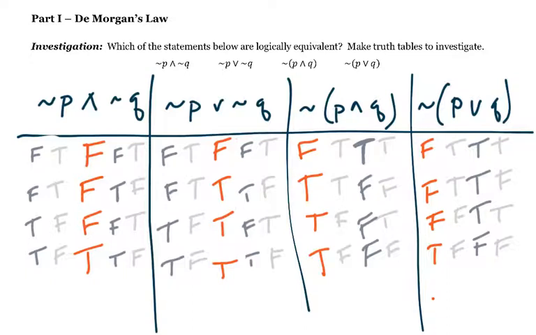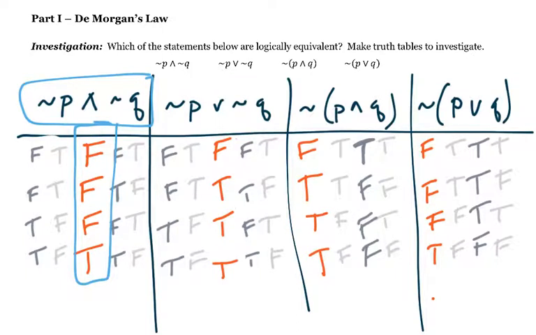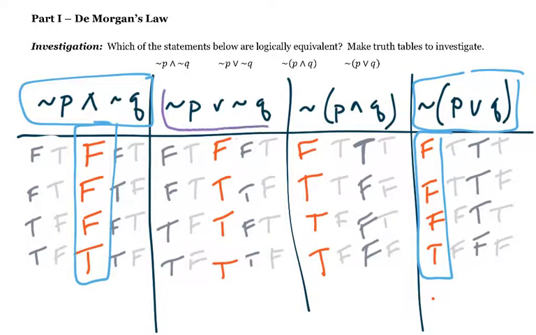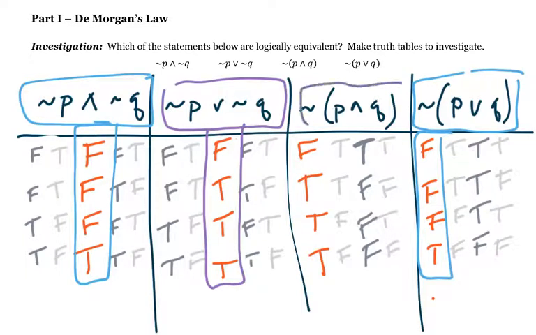And so looking at that, we can see that this statement here, which has a truth table of FFFT, or false, false, false, true, is the same as this statement right here. False, false, false, true. And then the ones in the middle, not P or not Q, had a truth table of false, true, true, true, and not quantity P and Q has false, true, true, true.